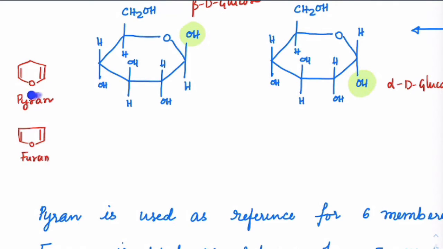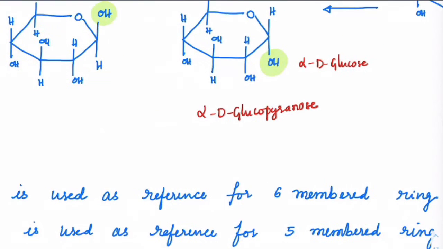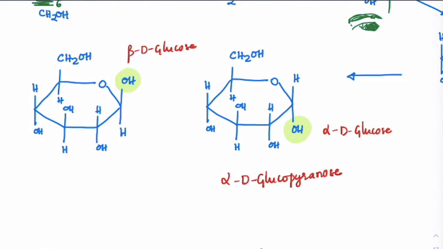Can you see this structure is in reference to the pyran? That's why the cyclic form of glucose is read as alpha D glucopyranose. Pyran, and it is a sugar, so that's why it is called glucopyranose. So the Haworth projection which I have written here, the cyclic form, is called alpha D glucopyranose.